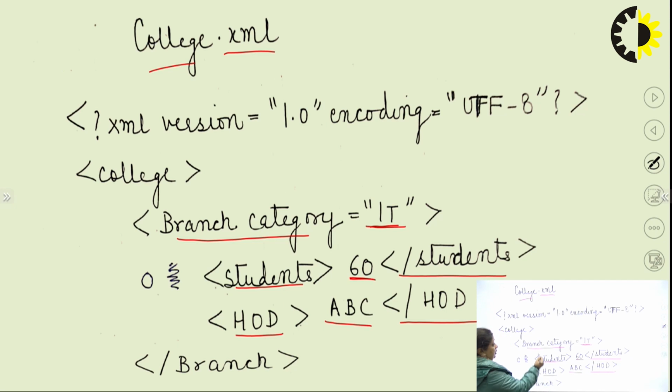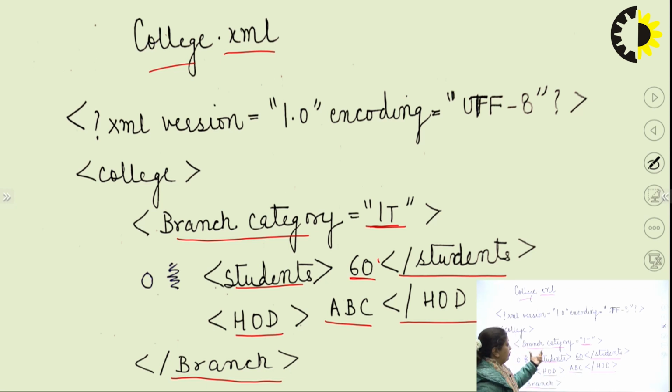And here this branch tag is closed. So I have a college node. Inside the college node I have a branch node, to which I have assigned the value IT. Then inside this branch I have a students tag, to which I have assigned the value 60, and a HOD tag, to which I have assigned the value ABC.